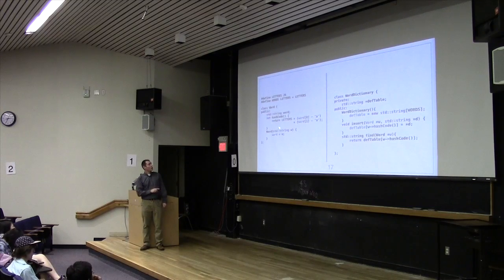The word is going to be the actual word we're trying to hash. And over here we have the table, which is our array. Whenever we want to insert into it, we just set the hash code of the word in the right location. Done.